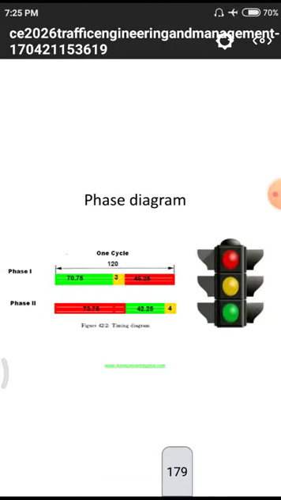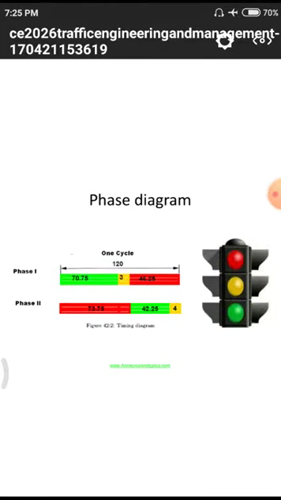For giving these phase diagrams, the survey team has to do some quantity of survey, to find how many vehicles move on that particular road each day. They also need to find how many are 2-wheelers, how many 4-wheelers, how many 3-wheelers, and how many large vehicles.